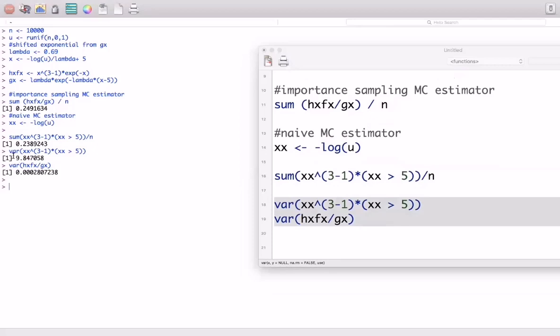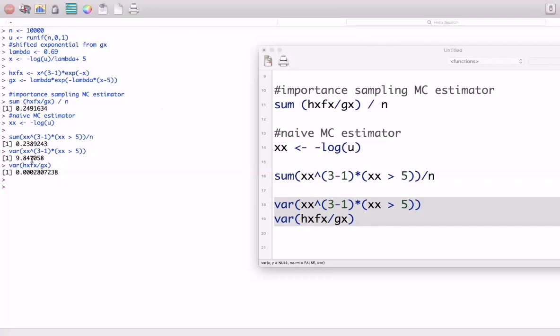Okay, look at the first one. Your variance is 9.8 something. This estimator has such a large variance, whereas your importance sampling variance is extremely small. So this gives you a very interesting result: importance sampling is very powerful for variance reduction.